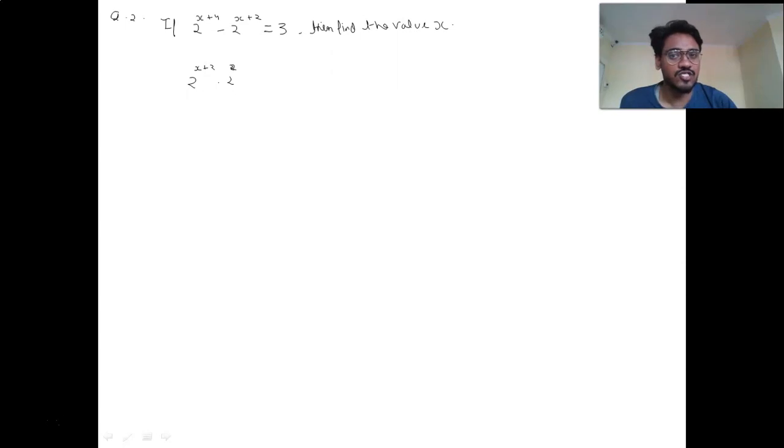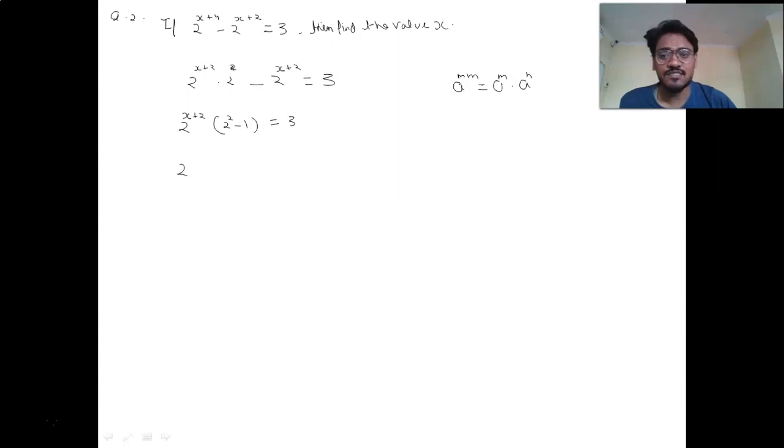That means 2 raised to the power x plus 4. Okay, what I am using? I am using this result: a raised to the power m plus n is equal to a raised to the power m times a raised to the power n. See, in the next term it is same. Okay, now see, this 2 raised to the power x plus 2 can be taken common. Now in the bracket it will be 2 square minus 1, and in the right hand side it's 3.